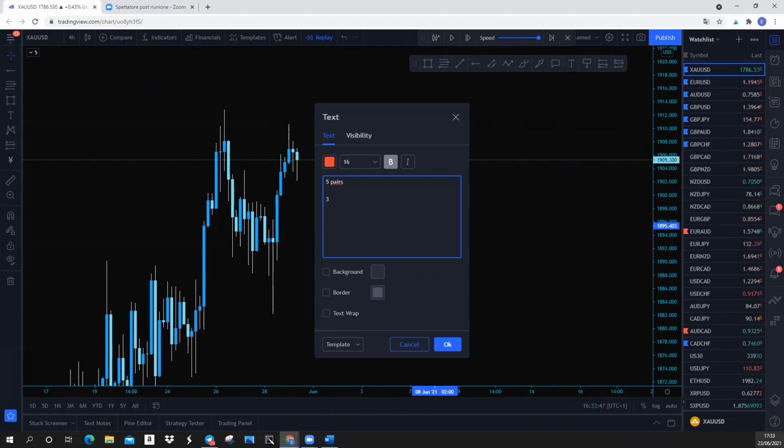Wait, 3 already filled imbalances per pair, and 3 unfilled imbalances per pair.